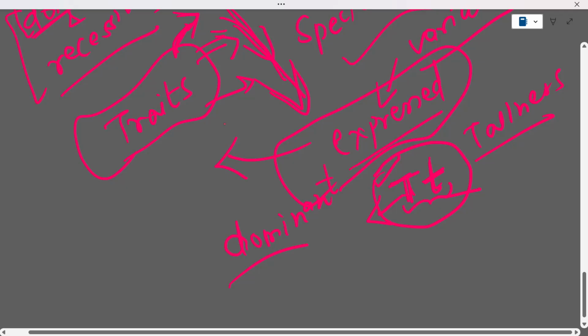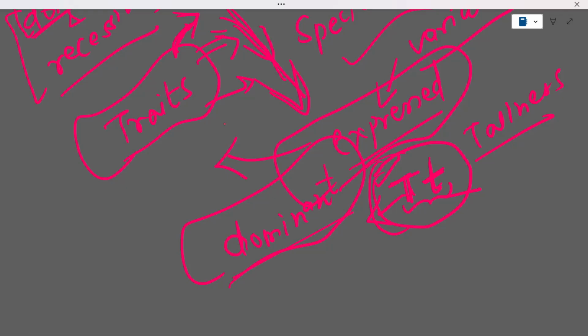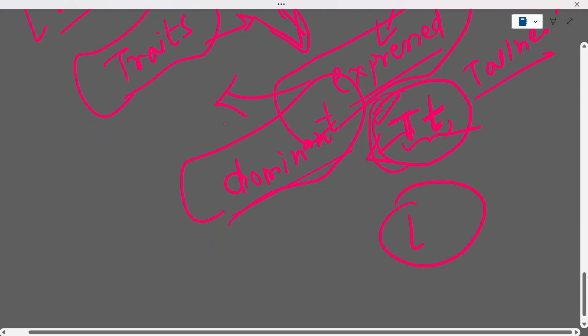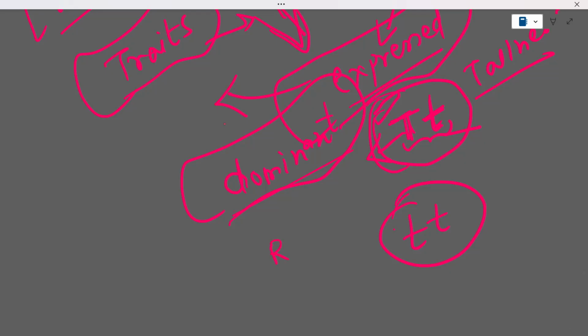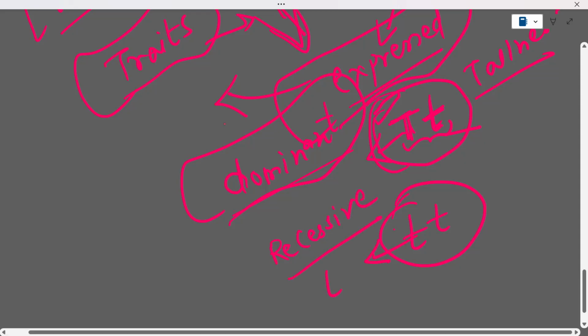So if a particular individual has this trait in the genetic code, this trait is likely to be expressed, and the other one is likely to remain hidden. But if a population or any individual possesses both the traits which are recessive in nature, then this recessive trait is going to come out, it is going to be expressed.